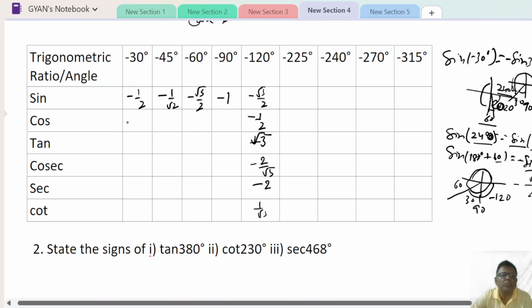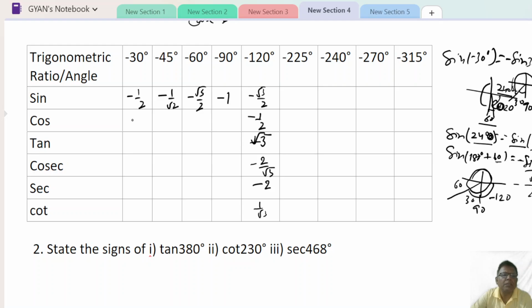So sine, cos, you can take cos all positive. So cos will be root 3 by 2. This becomes 1 by root 2. This becomes half. And for cos minus 90 degrees, cos 90 degrees becomes 0.